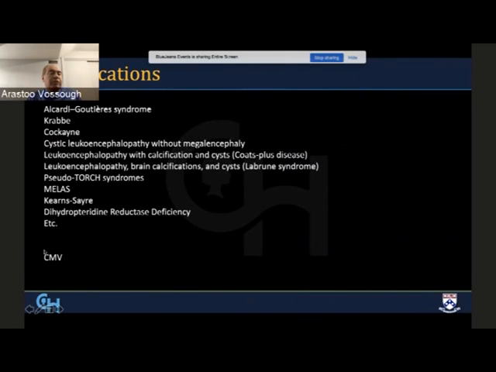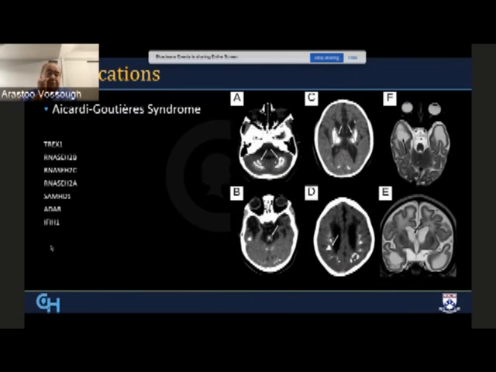One of the great mimickers is cytomegalovirus, CMV infection, TORCH infection, and we'll get to that. So this is a patient with Aicardi-Goutières syndrome, which we will hear much more in detail about later. We see extensive calcification. We see the temporal lobe cyst.